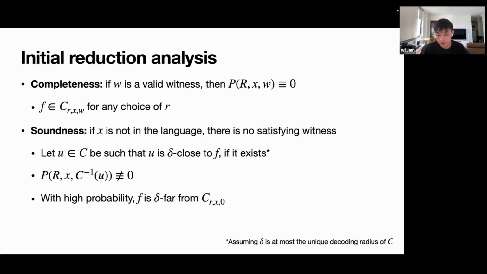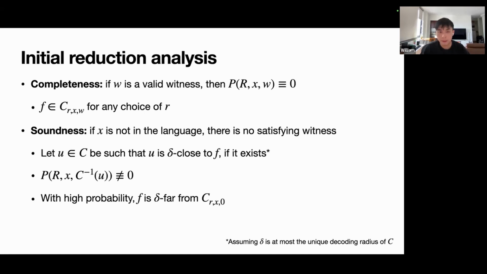And with high probability over the choice of the random challenge R, F will be delta-far from this subcode. And again, here I'm just assuming that delta is at most the unique decoding radius of the code.